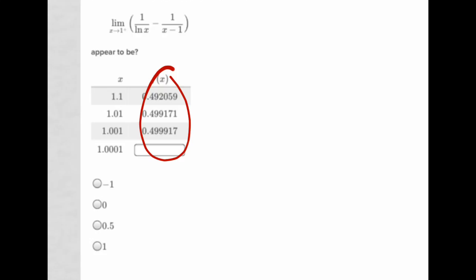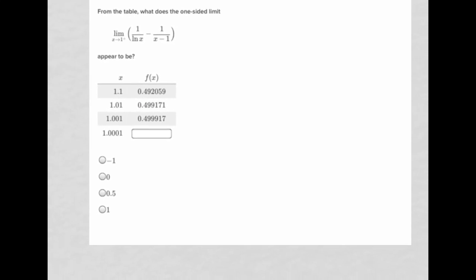First of all, we're plugging in values bigger than 1, getting closer and closer to 1.0000000, just 1. That's what this means. X is approaching 1. We're also doing it from the right side, because x is approaching 1 from bigger and bigger values.